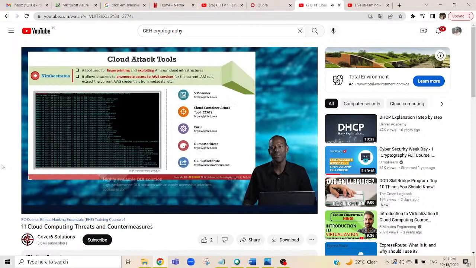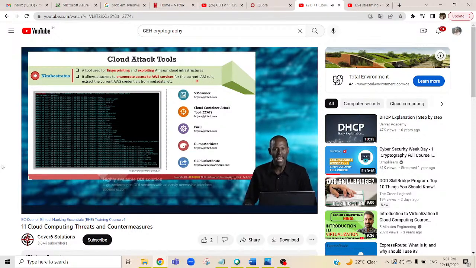Another cloud attack tool is Nimbostratus. Nimbostratus is like a cloud layer, right? These are both clouds in the atmosphere. What is the purpose of Nimbostratus? It's to fingerprint and exploit Amazon cloud architectures.